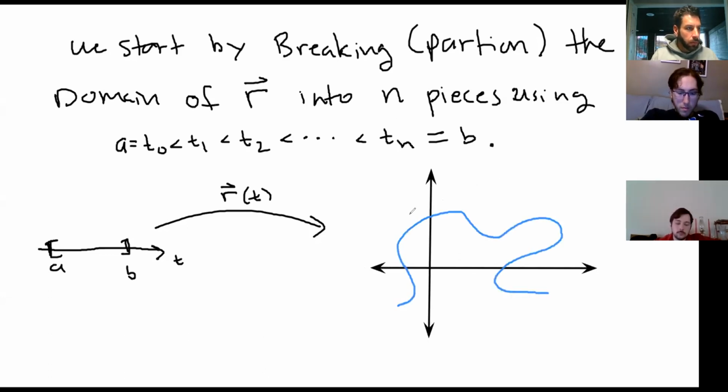Maybe this point right here is r evaluated at b, and this point right here is r evaluated at a.